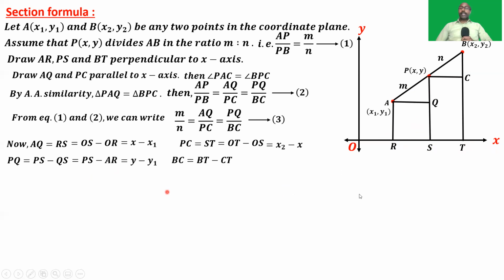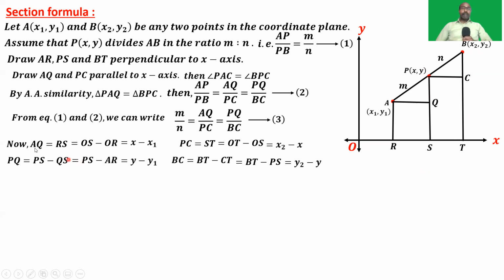Similarly, BC is equal to BT minus CT, and CT is equal to PS. BT is equal to y2 and PS is equal to y, so BC is y2 minus y.